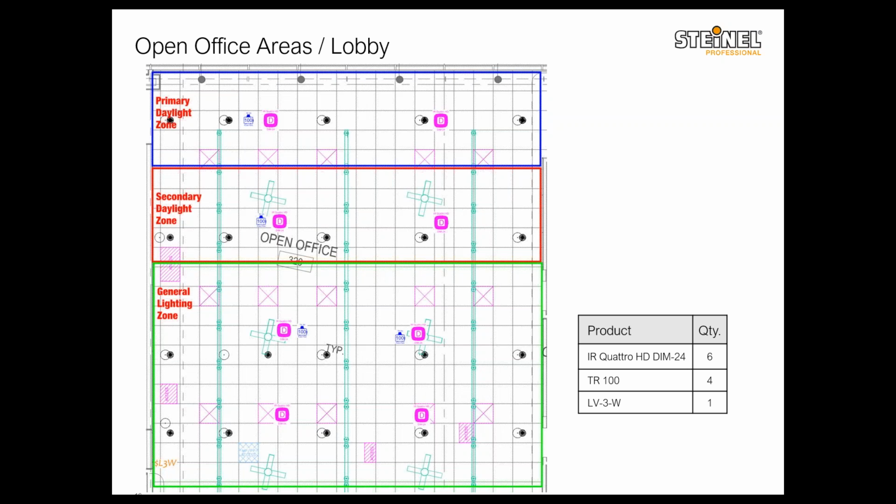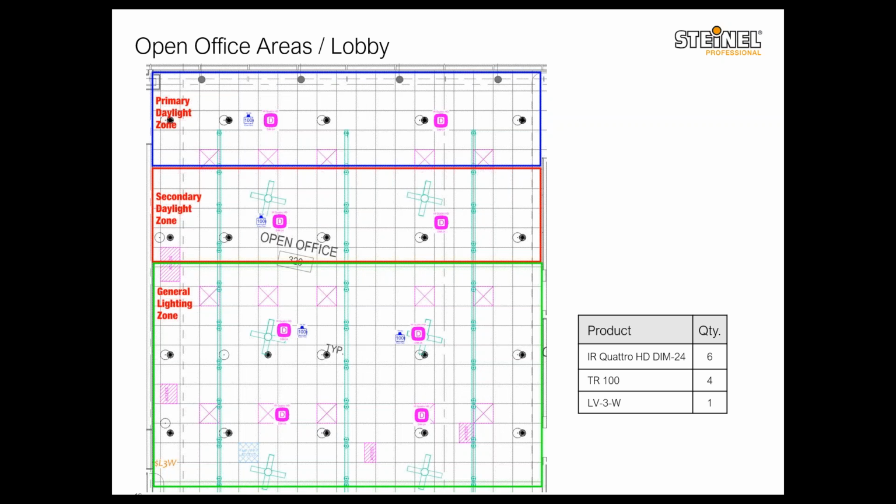Obviously, I've made a big assumption here, especially with the receptacle control, that in such a big open office area, half of the receptacles are all on one circuit from the distribution board. This is probably not true, but again, for the sake of this webinar, let's just assume it is.